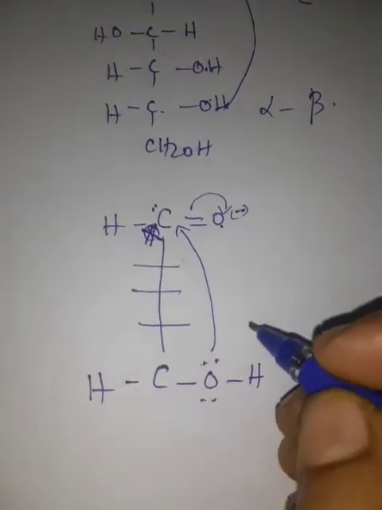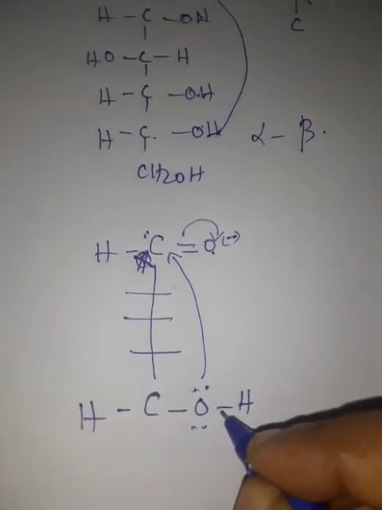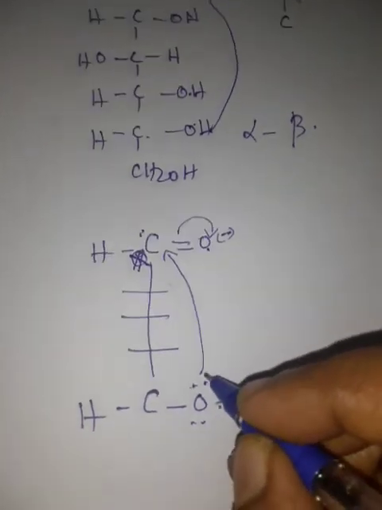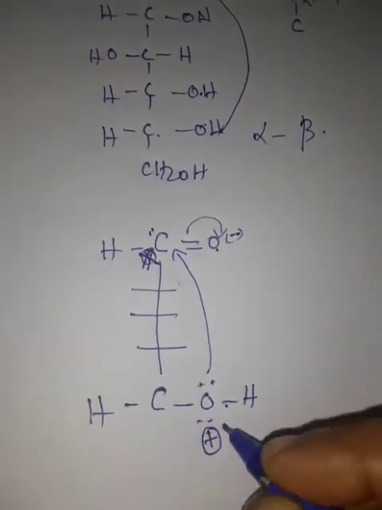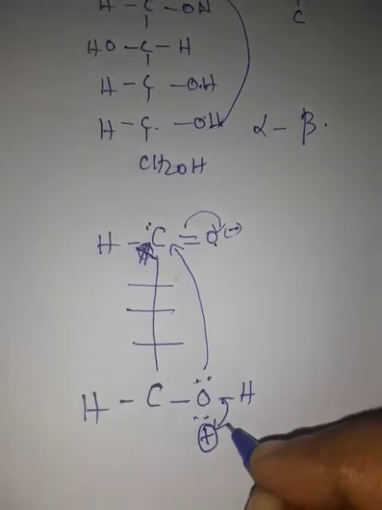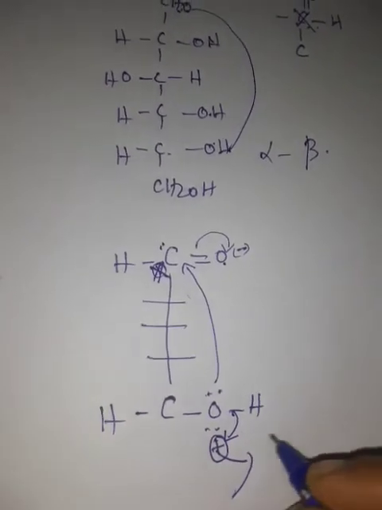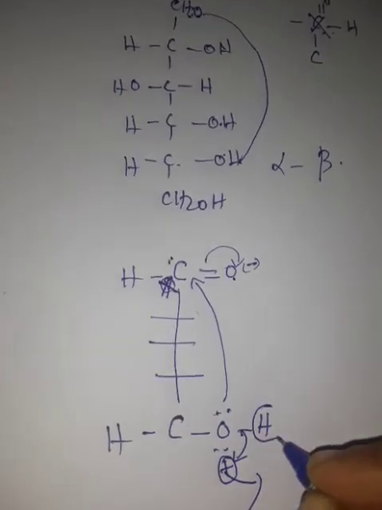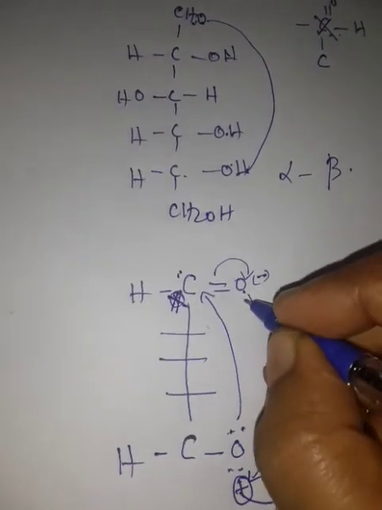After donating 2 electrons, this oxygen becomes positive, so this bond can be shifted, the positive charge is gone, and it becomes neutral. Then this H comes out with a positive sign and the hydrogen shifts here.